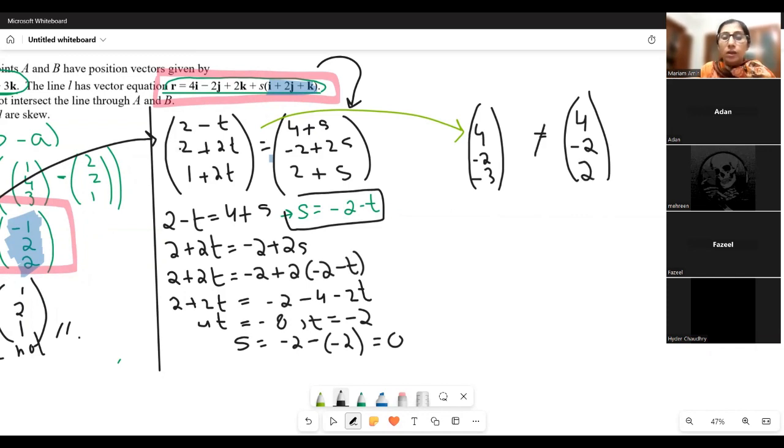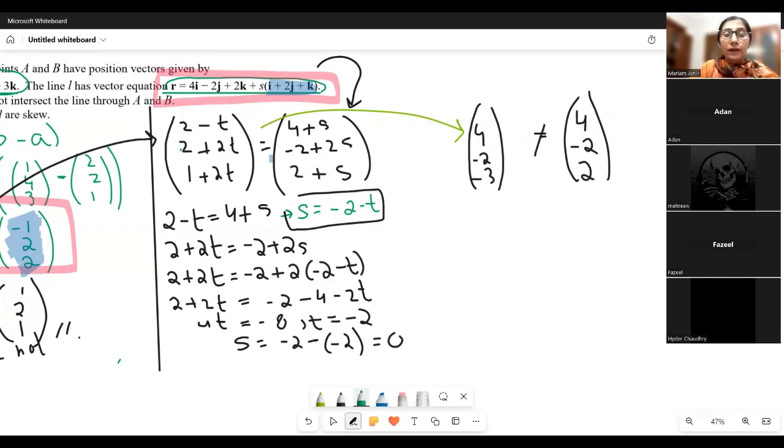These are not equal. The first two will always be equal, because we found s and t from these two equations. So when you substitute t and s back, you will get the same value on both sides. So the third value determines if the lines are intersecting or not.